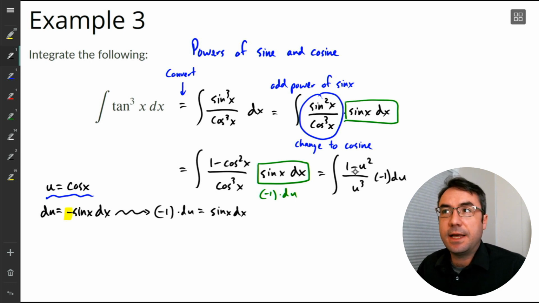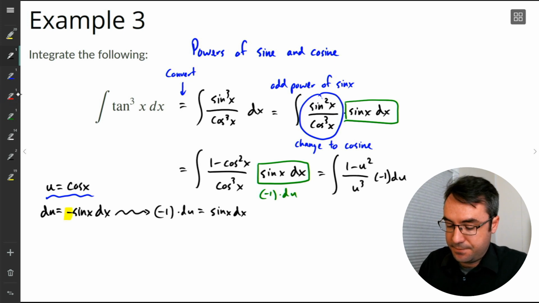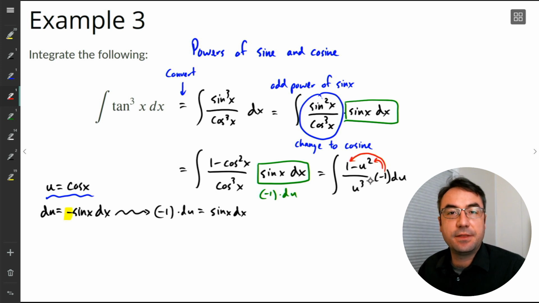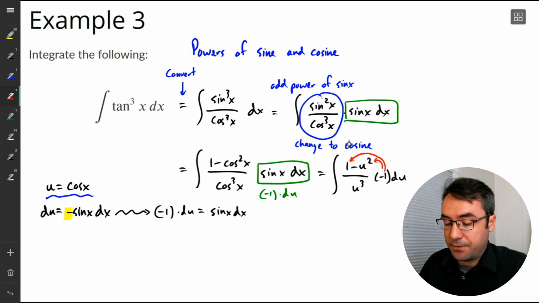So now let's start integrating this. Let's distribute the negative. We can take that -1 and bring it into the numerator just to clean things up a little bit. And while we're at it, let's actually do the division. So let's split these up into two separate fractions.